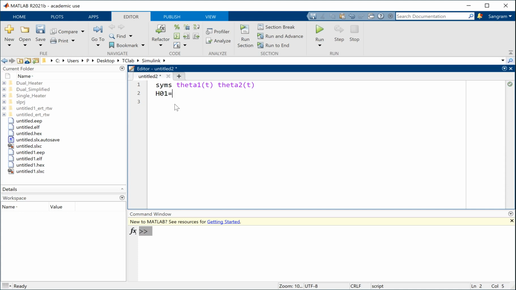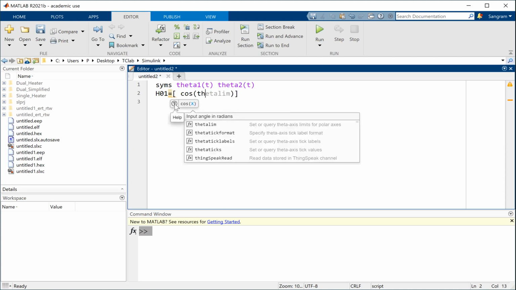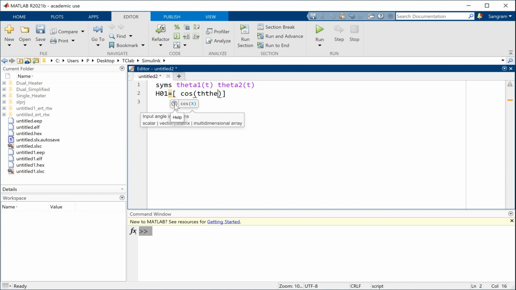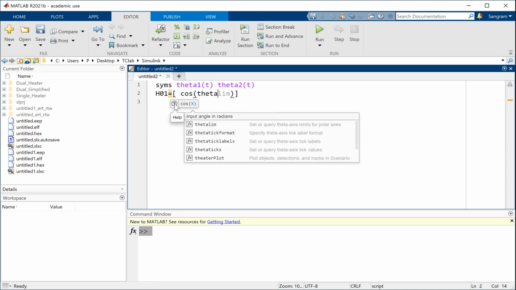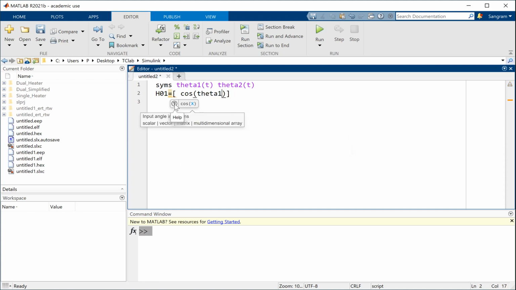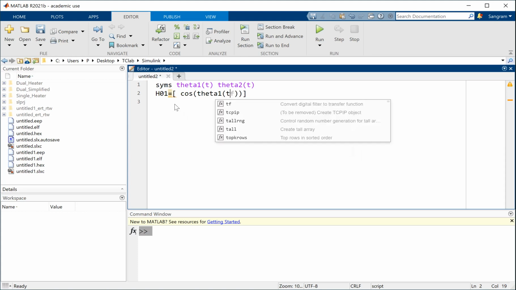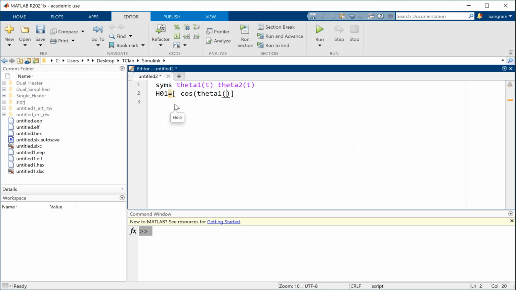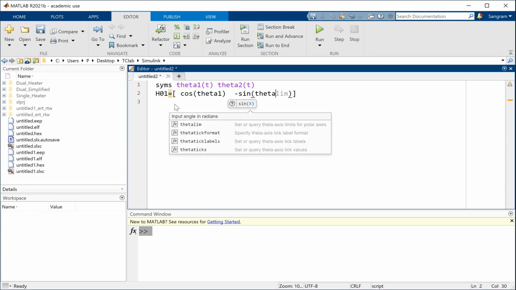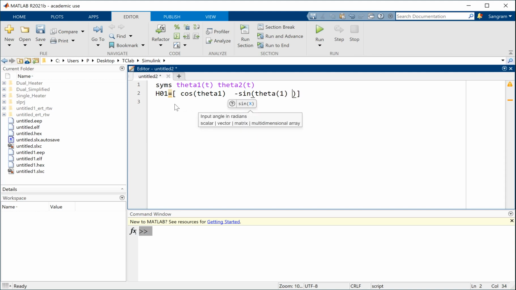H01 is equal to cosine theta 1, minus sine theta 1, 0.